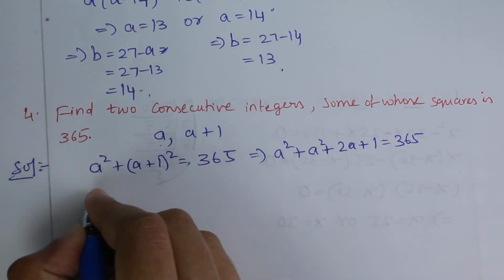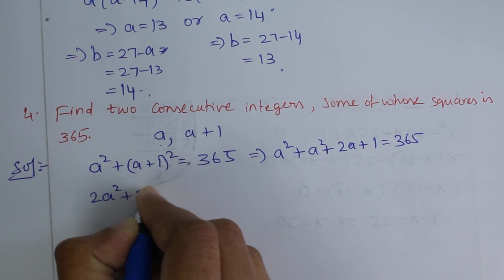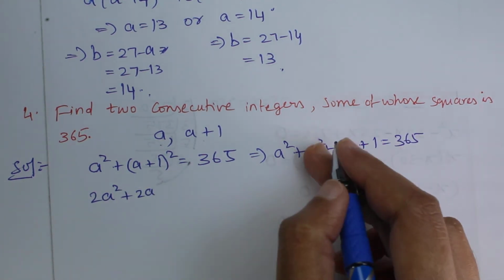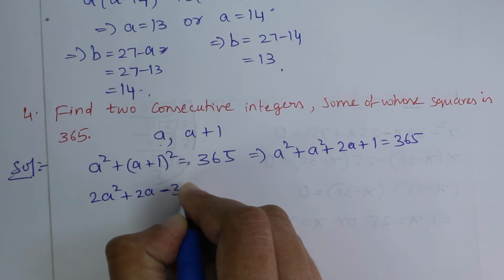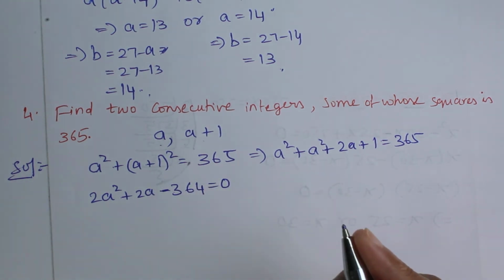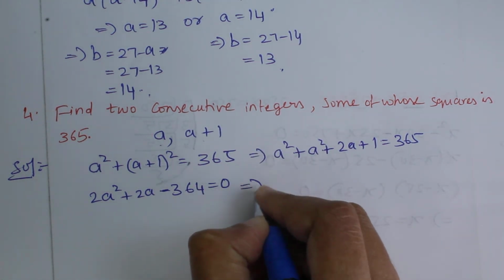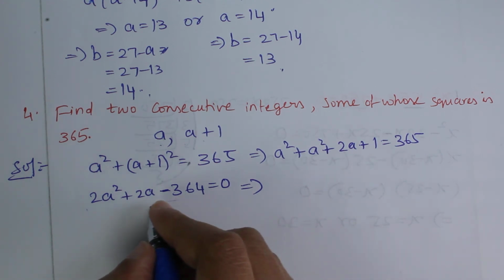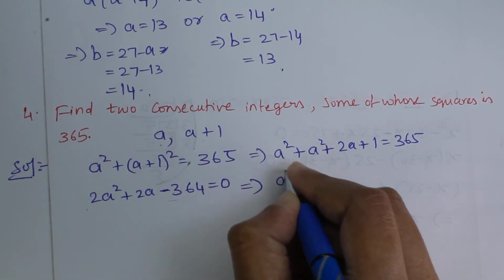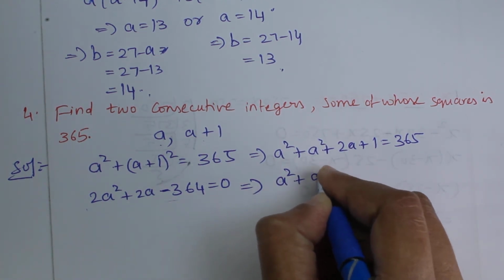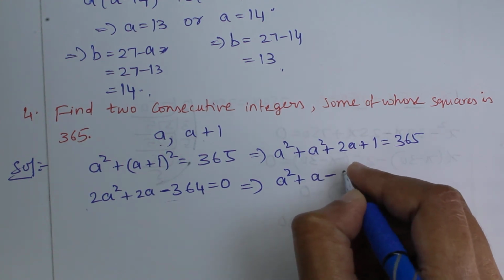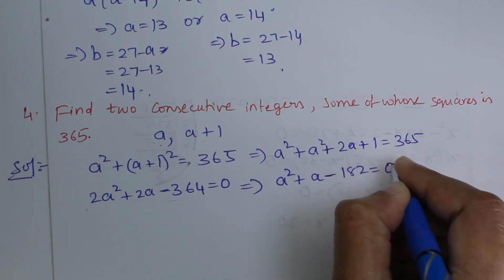So 2a square plus 2a, it comes to this side, minus 364 is equal to 0. That implies, I am dividing this entire equation by 2. That implies a square plus a minus 182 is equal to 0.